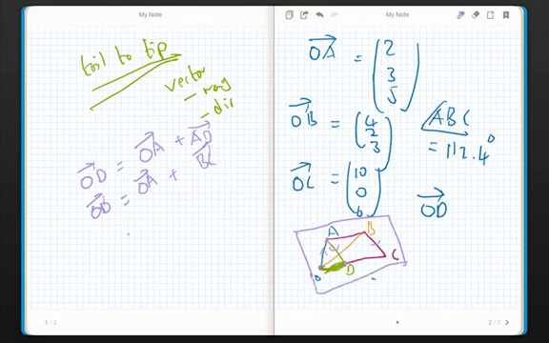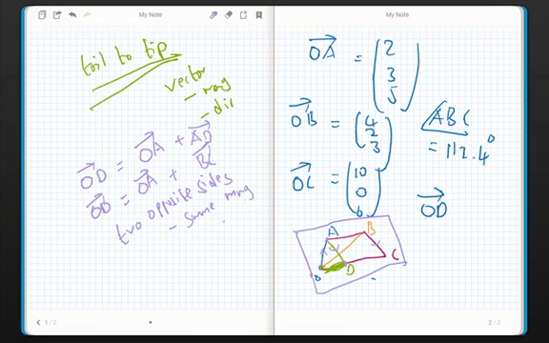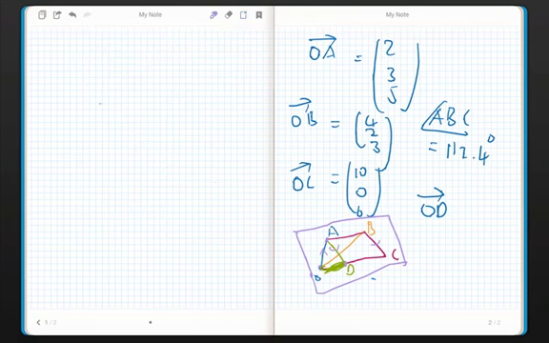Now, in a parallelogram, the two opposite sides have the same magnitude and the same direction. So, reproducing that over here, let me just clear the page. I hope you've taken it down. We know that OD is equal to OA plus BC.